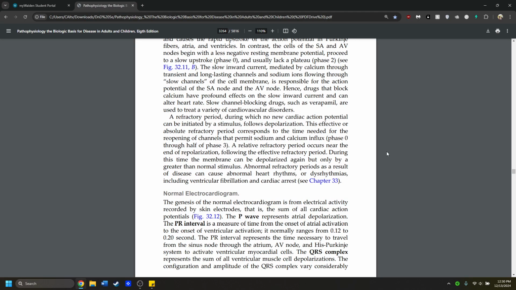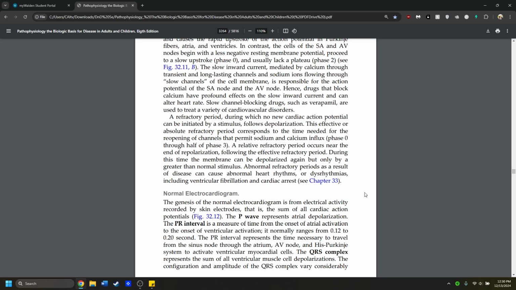A refractory period, during which no new cardiac action potential can be initiated by a stimulus, follows depolarization. This effective or absolute refractory period corresponds to the time needed for the reopening of channels that permit sodium and calcium influx.